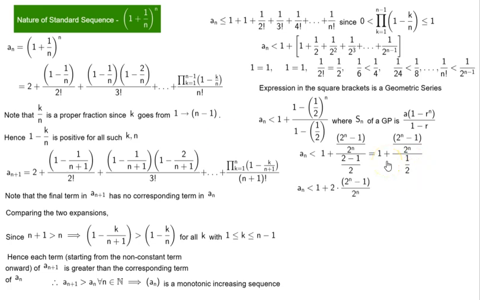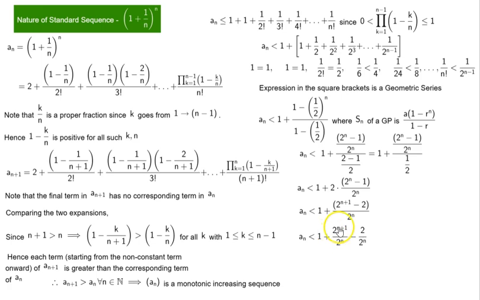1 plus, this 2 goes up. So 2 times 2 to the power of n minus 1 by 2 to the power of n. 1 plus, distribute 2, so 2 to the power of n plus 1 minus 2 by 2 to the power of n. Now split this.